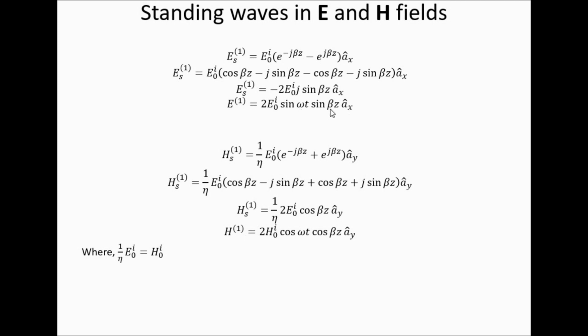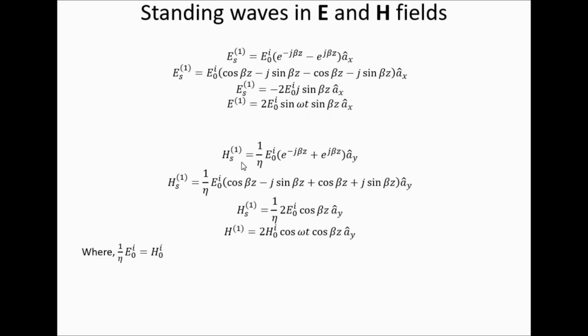So this wave is not a traveling wave. A traveling wave has omega t plus or minus beta z. But here omega t is a separate term and beta z is a separate term. So this type of wave is called a standing wave. So you have a sine function with respect to time, another sine function with respect to space. So they are standing waves.